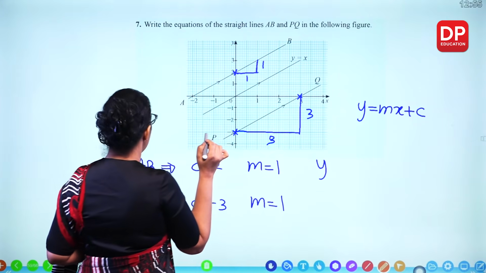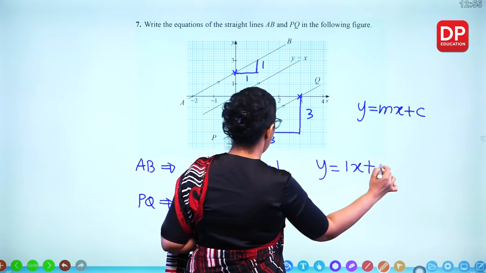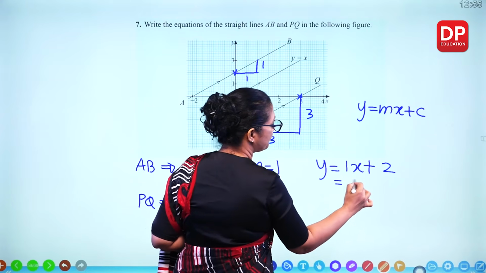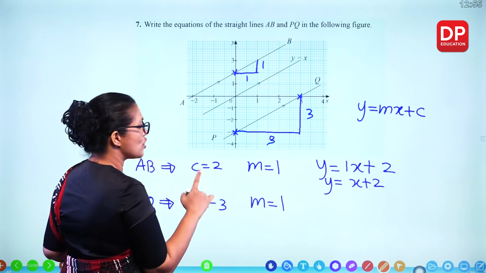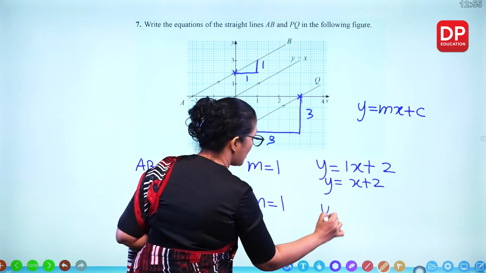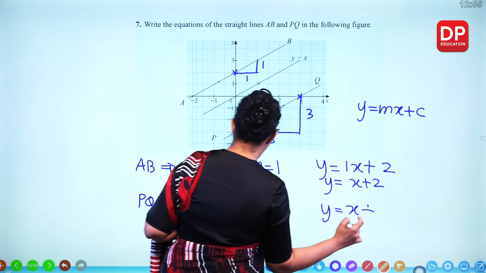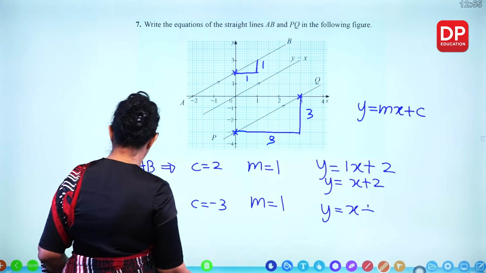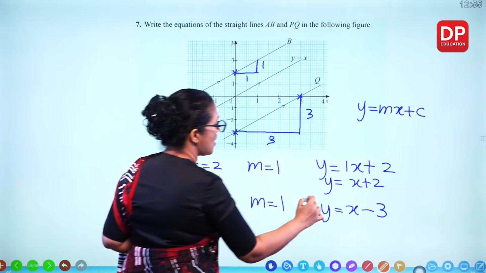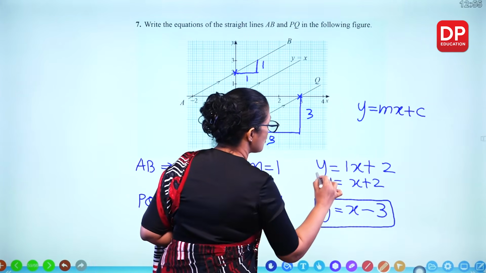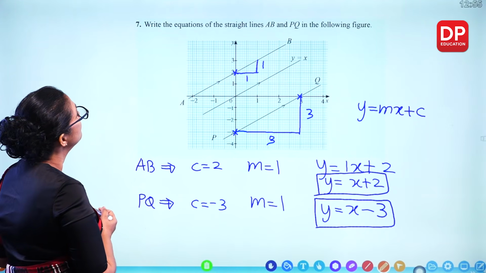M is 1, c is 2, x plus 2. That's AB equation. PQ, y equals m is 1, that means x minus 3. X minus 3. So these are the 2 equations, AB and PQ.